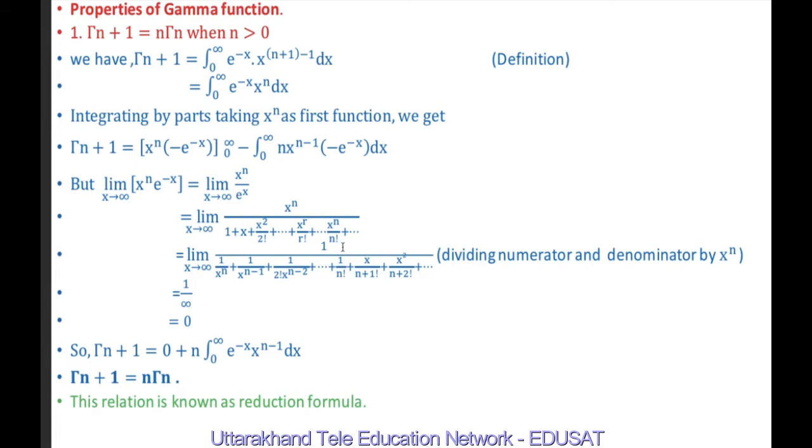If we divide x raised to power n upon factorial n by x raised to power n, it is 1 upon factorial n. Next term is x raised to power n plus 1 upon factorial n plus 1, divided by x raised to power n, so x upon factorial n plus 1. Next term is x raised to power n plus 2 upon factorial n plus 2, so it is x square upon factorial n plus 2, and so on.